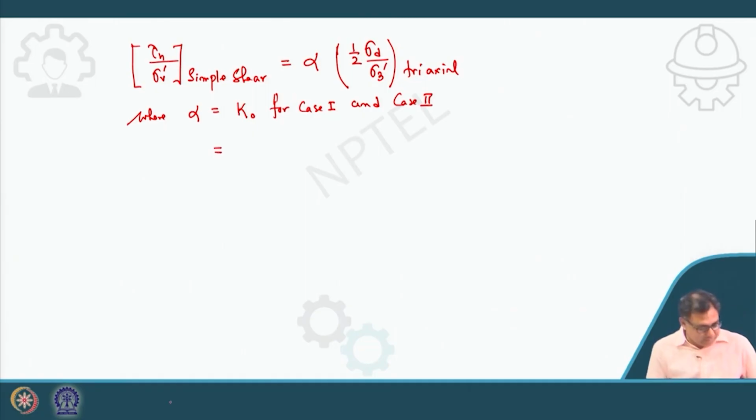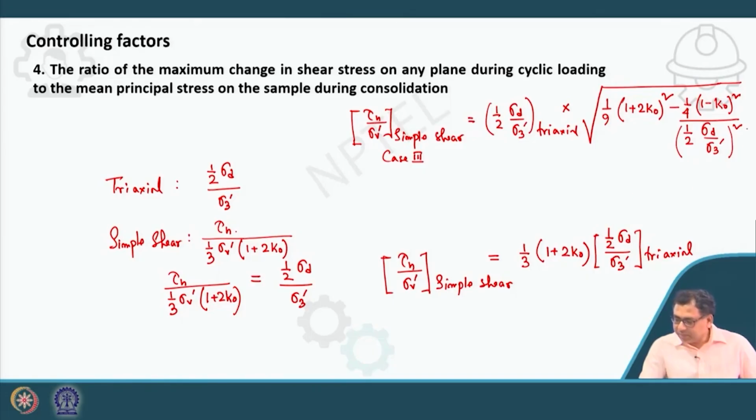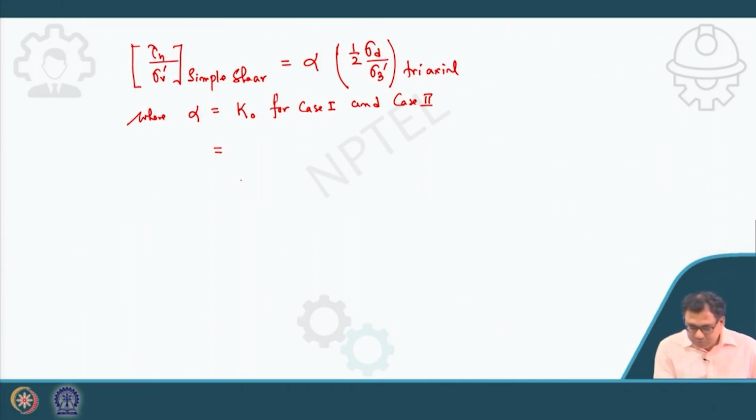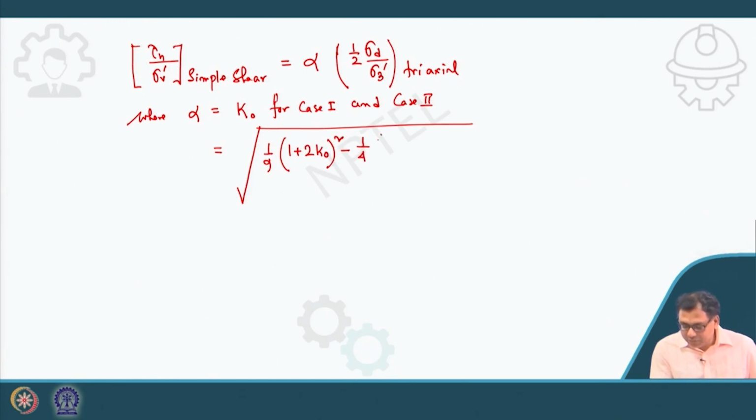Now alpha will be how much? Alpha will be this term for case 3. So alpha will be equal to root over 1 by 9 (1 plus 2 k0) whole square minus 1 by 4 (1 minus k0) whole square, divided by (half sigma d by sigma 3) whole square.